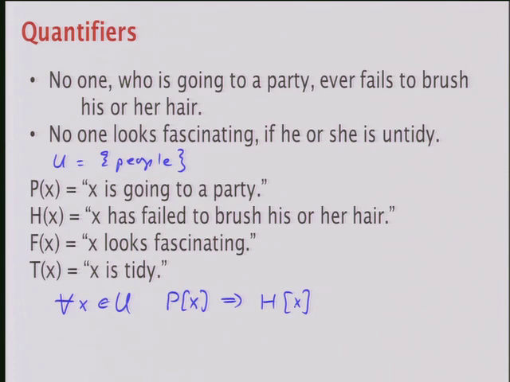So no one ever fails to brush his or her hair if he's going to a party. So if x is going to a party, then he doesn't fail to brush his or her hair.